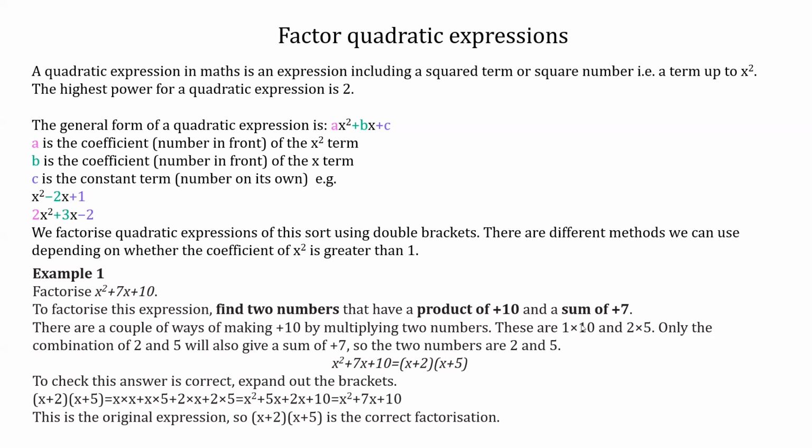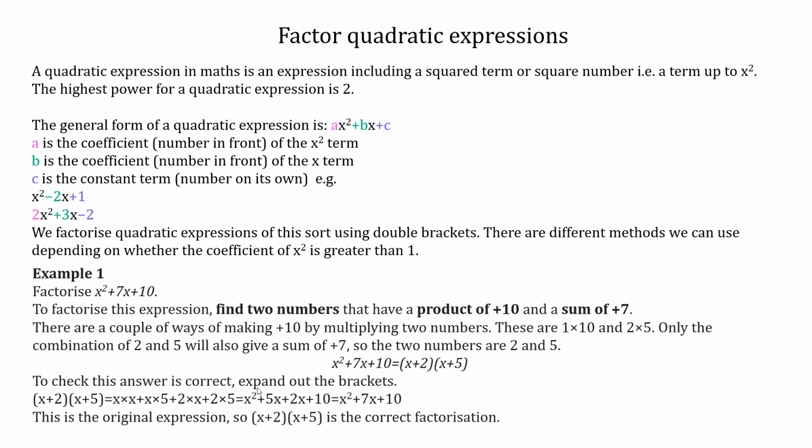The multiplication of these numbers is equal to 10 in both cases. Only the combination of 2 and 5 will also give a sum of 7. So the two numbers are 2 and 5. So the factorized form of this quadratic expression is in parentheses x plus 2 times x plus 5.